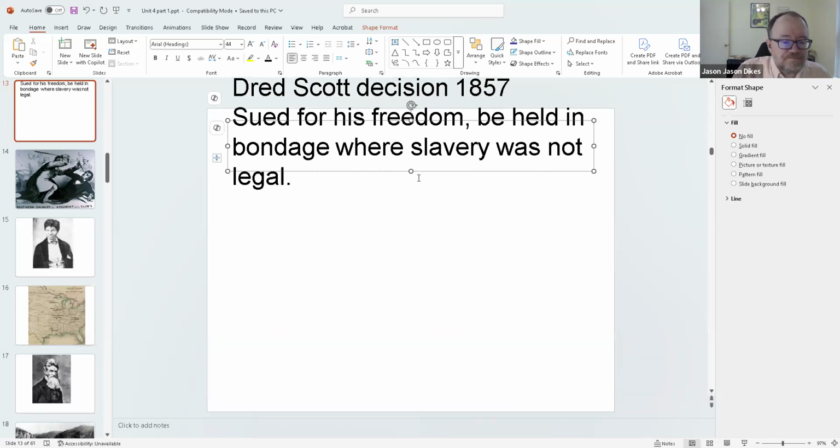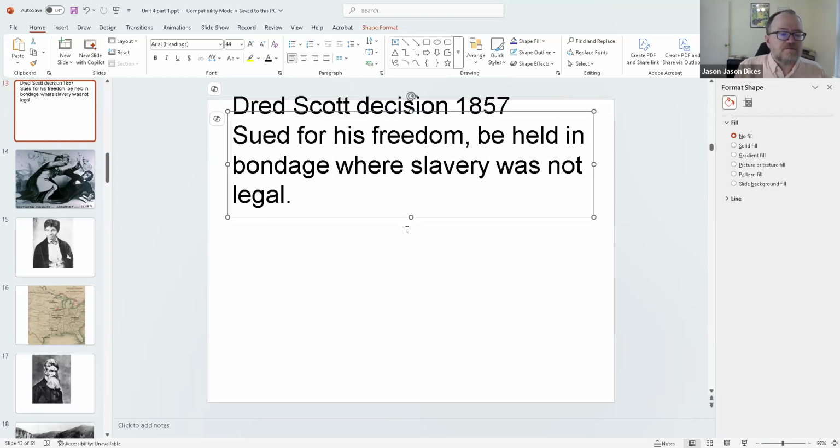And he actually won his original court case in Missouri, and then he lost on appeal, and the case sort of started bouncing its way up into the federal court system, federal appeals court, all that kind of stuff. And it finally wound up at the Supreme Court. This argument about whether or not Dred Scott had been held illegally.